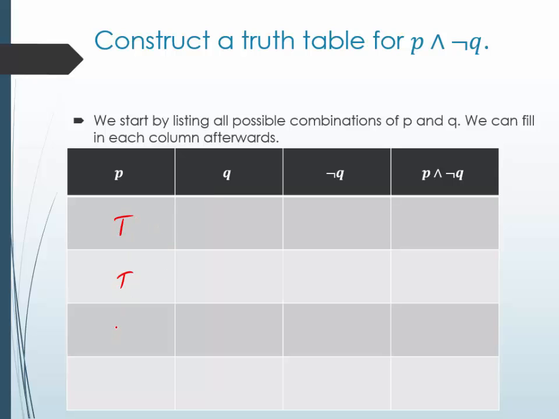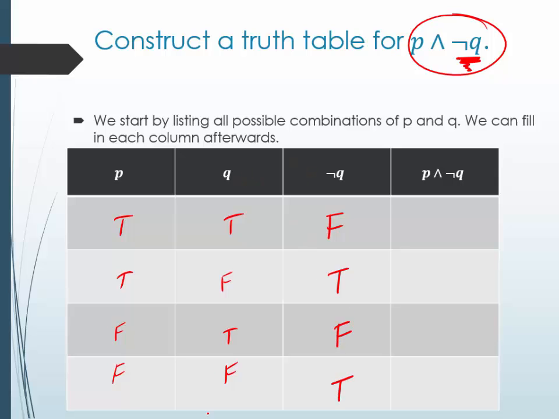True, true, false, false, true, false, true, false. And it's basically asking us to figure this out. So to figure this out, we also need to write negate Q. Generally when you are asked to construct a truth table, the truth table will be P and Q, and then whatever you're going to figure out. Now we need to figure out negate Q, and thanks to Caleb, we've done that. That is false, true, false, true. Remember, it's the opposite of Q.